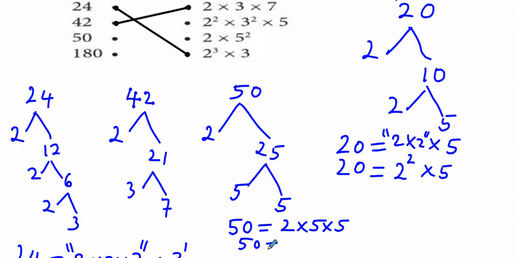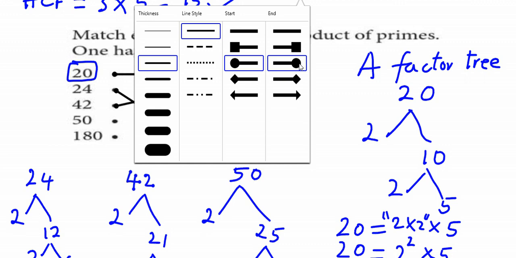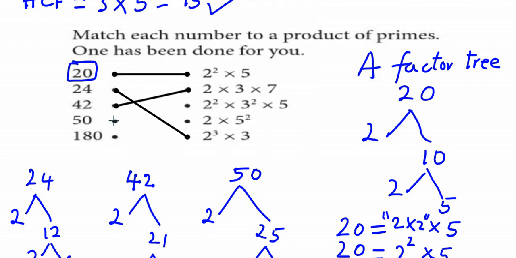Or as a power, this will be 2 times 5 to the power of 2. Do we have that answer? 2 times 5 to the power of 2? Yes, we do have that answer. And 50 matches with 2 times 5 times 5.